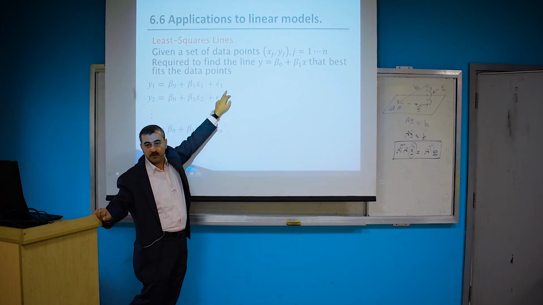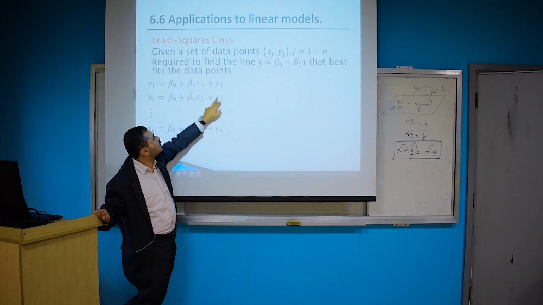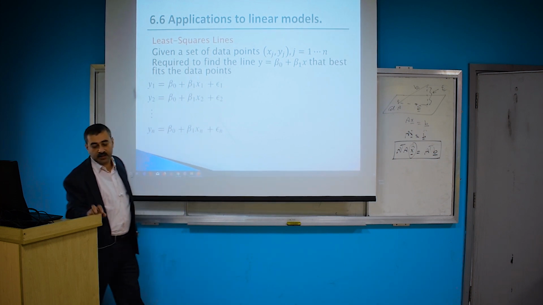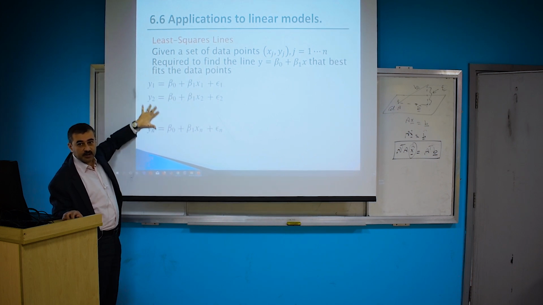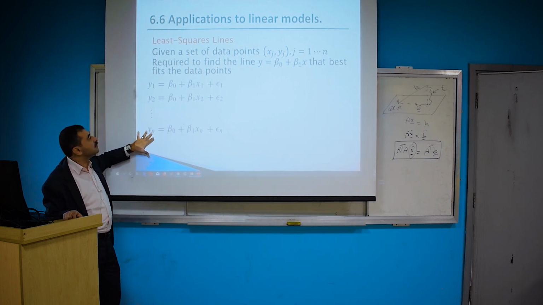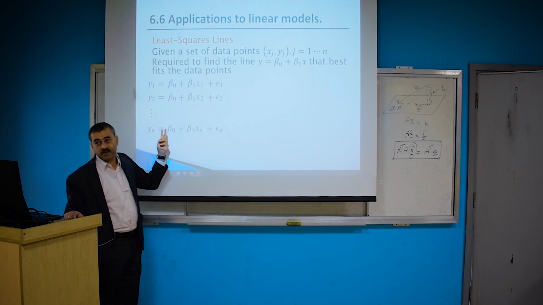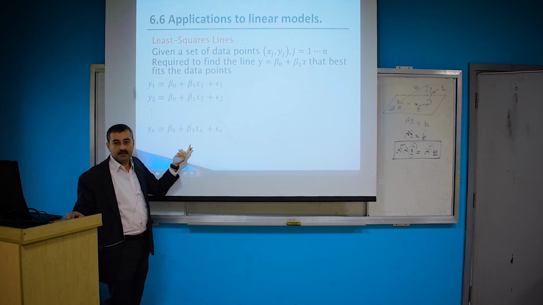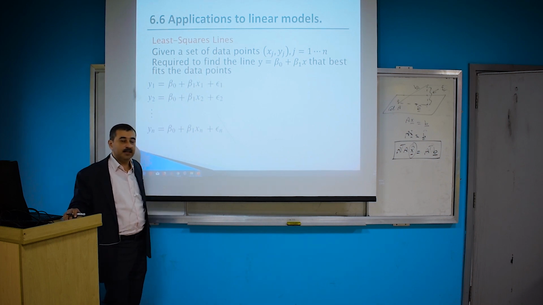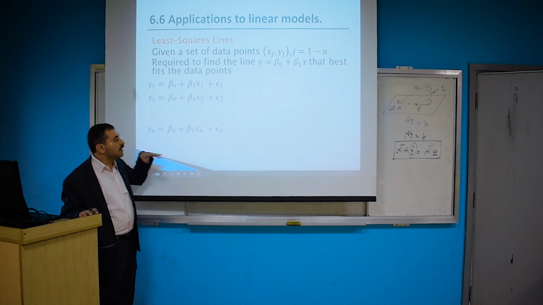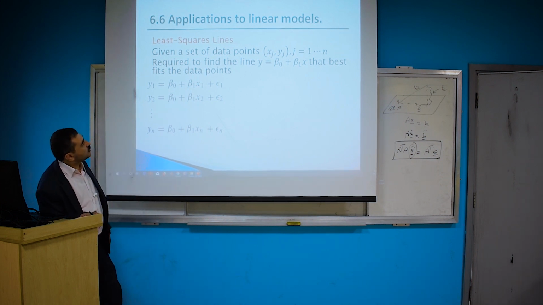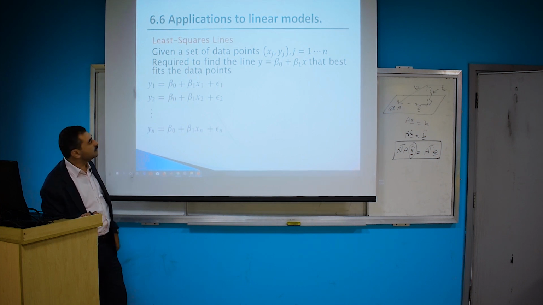I call it epsilon 1 for the first point and epsilon 2 for the second point and so on. So we'll get actually a system of equations, many equations according to the number of data points, and only two unknowns that are beta naught and beta 1. So we'll have an overdetermined system, and usually this system has no solution again. So you will have to find the least square solution.